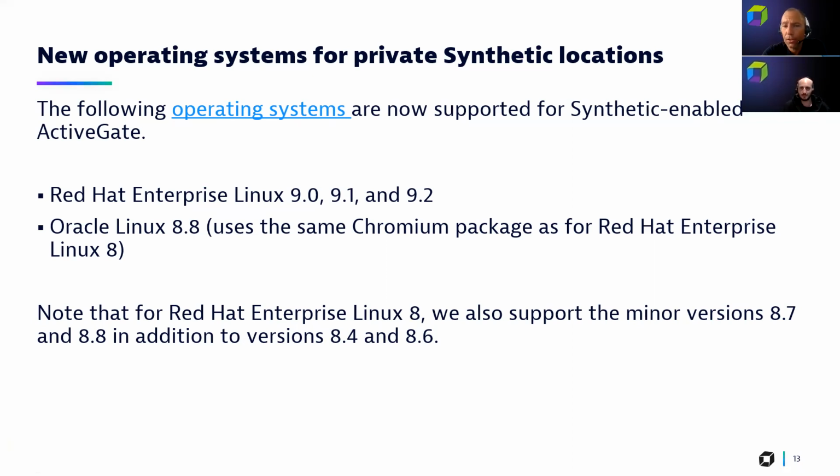Also remember that you can use synthetic on demand, which I've been promoting quite heavily, because synthetic on demand means you can execute synthetic tests at any point in time, typically from your pipeline. When you deploy a new version of an app, when you do a blue-green deployment or canary deployment, you can then trigger synthetic tests to validate if your systems still work as expected. And I think that's really great that we are expanding the support of operating systems for private synthetic locations. Really cool.